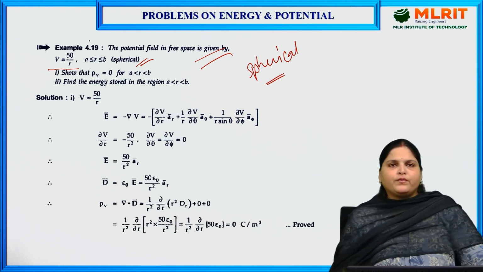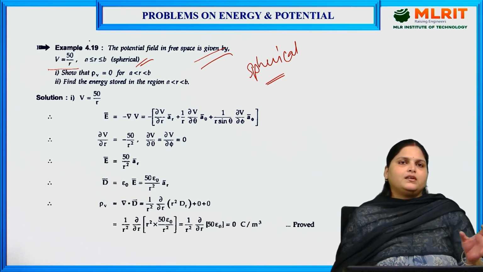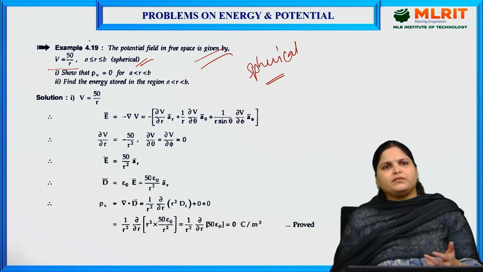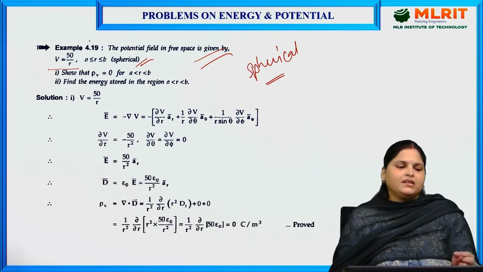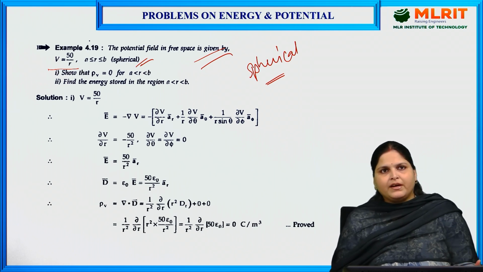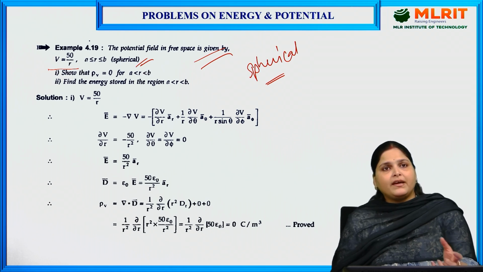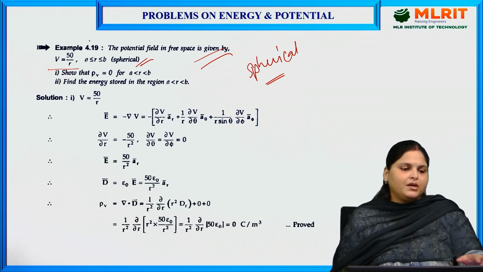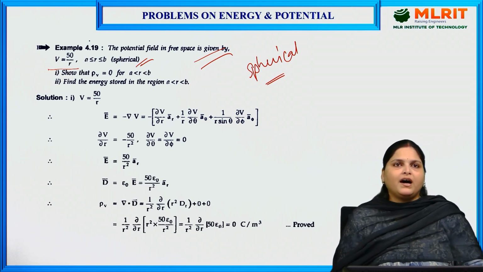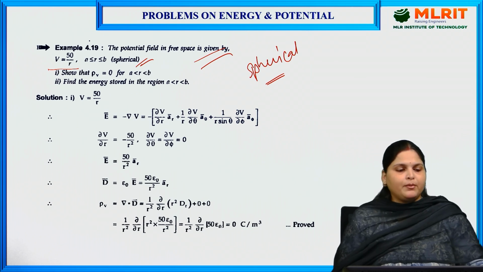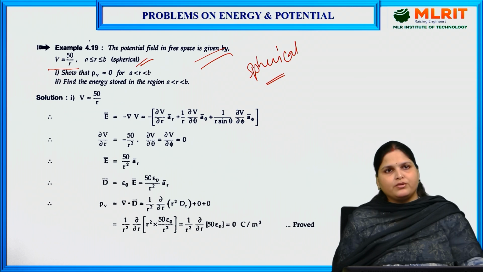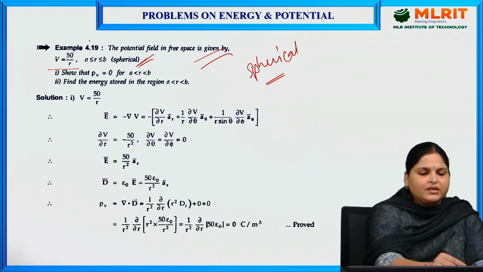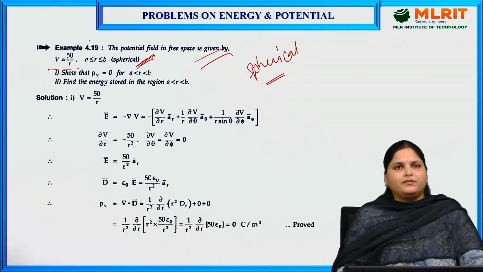In such kinds of questions where the potential or the field is given in the spherical coordinate system, we can understand by R, theta and phi. Sometimes phi is not given, but by r and theta we can understand. But here, because only 50 by r is given, it is difficult to understand because r can be there in the cylindrical system also. That is why it is given in the question that it is spherical.